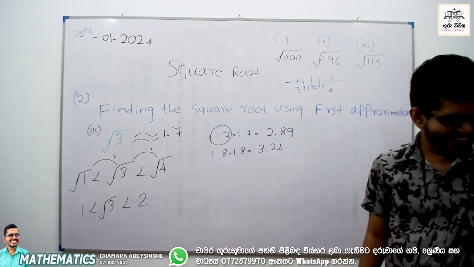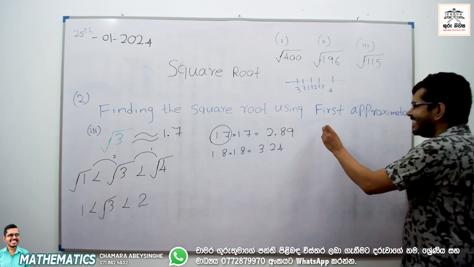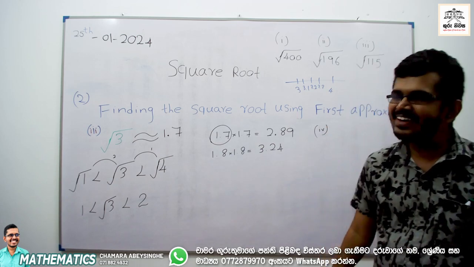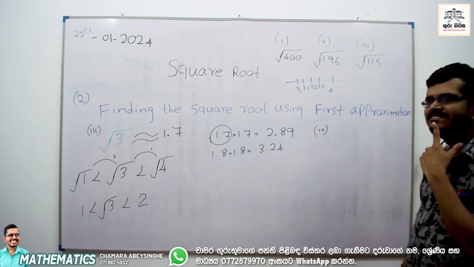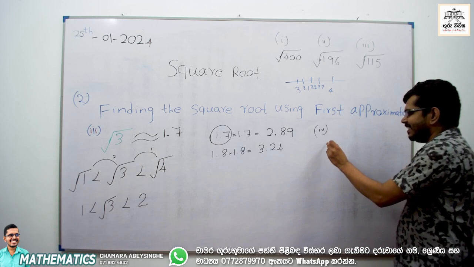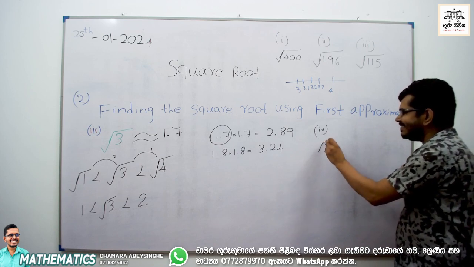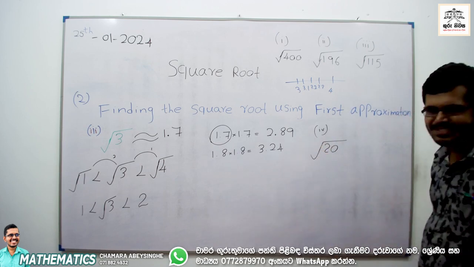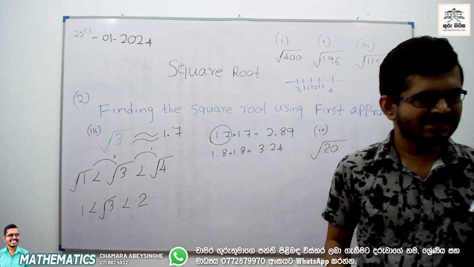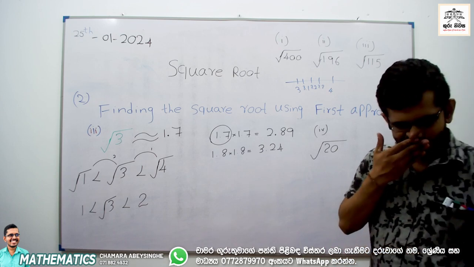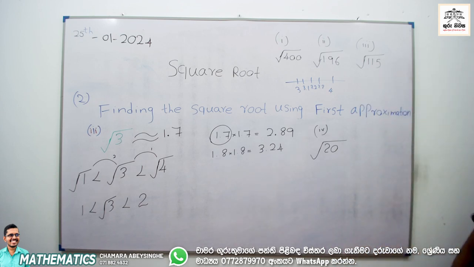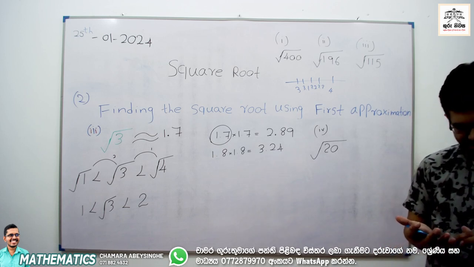Very good start. And I'd like to take a little larger number, not a difficult one. Square root 20, in your textbook questions. Let's start with square root 20. Now you have finished both questions from your textbook. Square root 5 I explained, now square root 20.